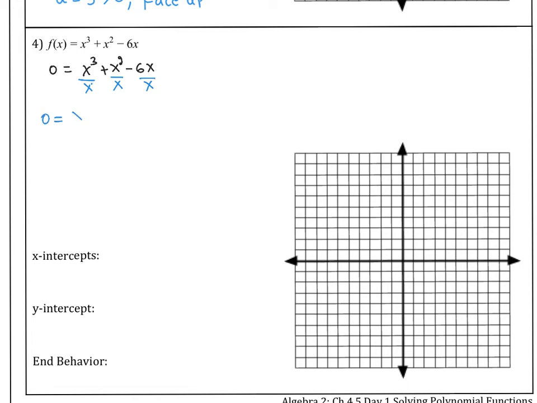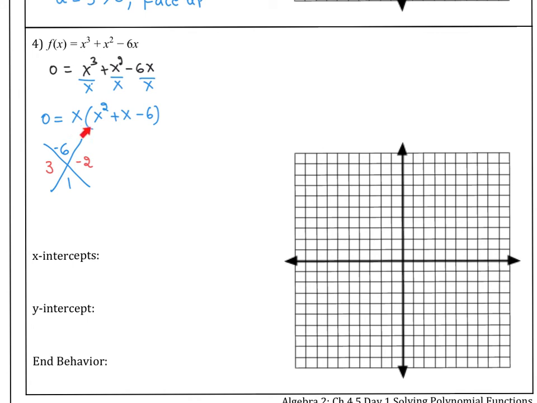So x common, inside you're left with x squared plus x minus 6. We are going to factor this by the cross method. So -6 on the top, 1 on the bottom. The two numbers you're looking for multiply to get -6 and add to get 1, which are 3 and -2.